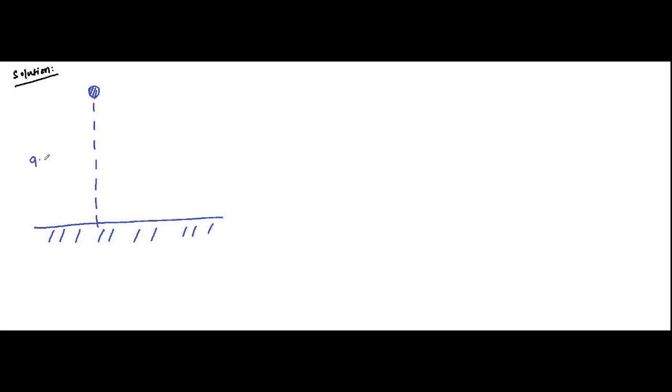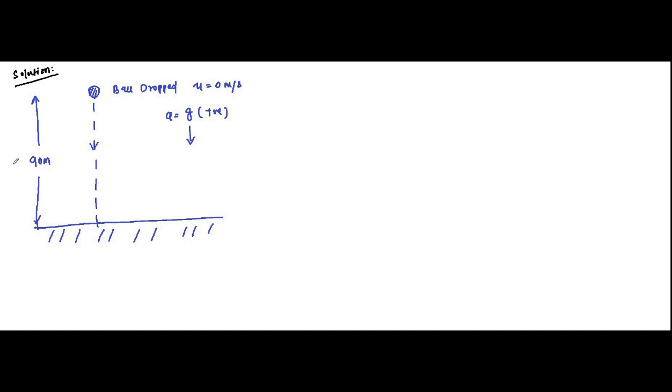It is dropped from rest. So initial velocity is equal to 0 meters per second. Gravity is acting downwards, which is the acceleration, so it will be positive. The direction of motion of the ball is also downwards. That's why.